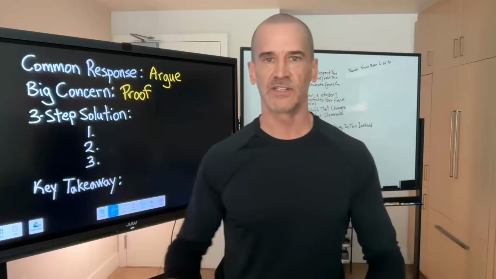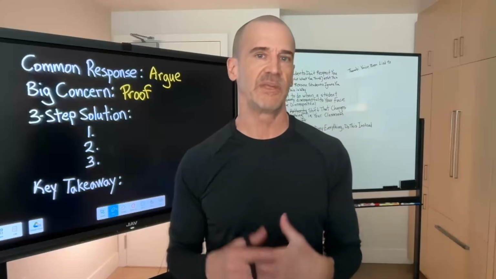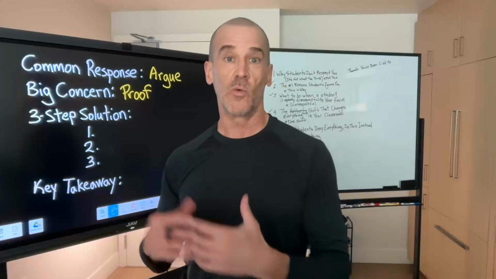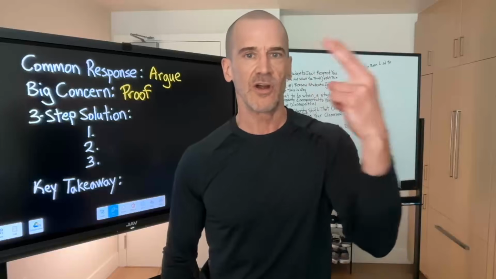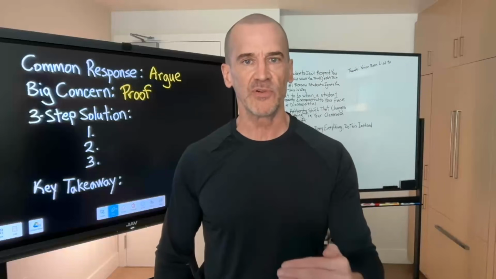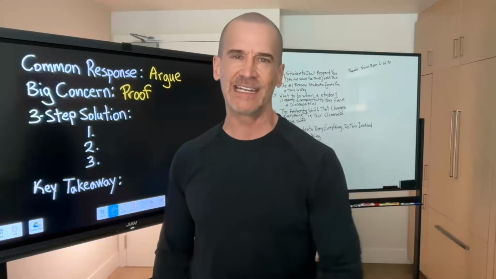And of course, you have established this in the beginning of the school year. And so once that's established, your eyes are your only proof, and you don't have to explain it to that student.